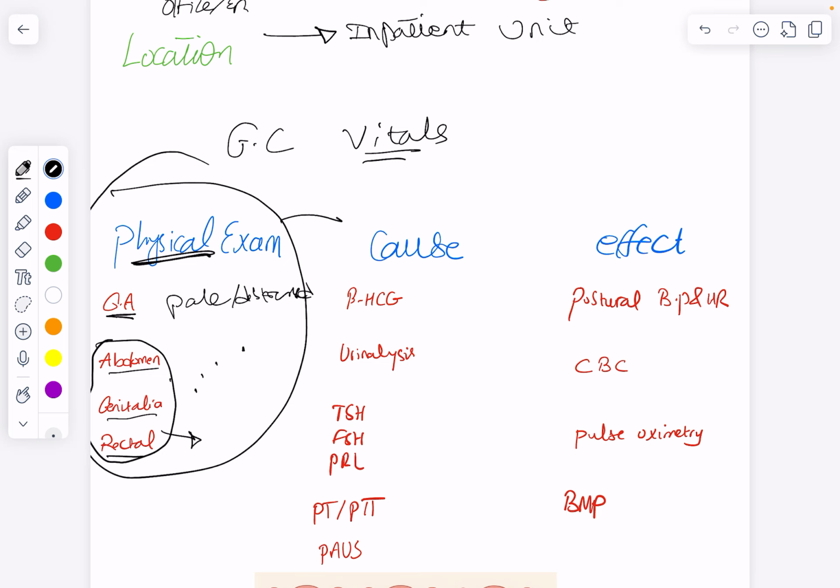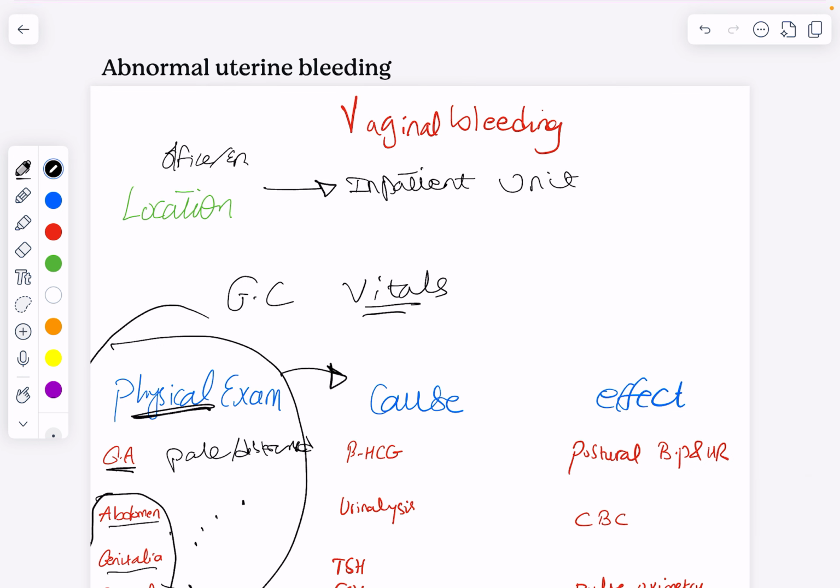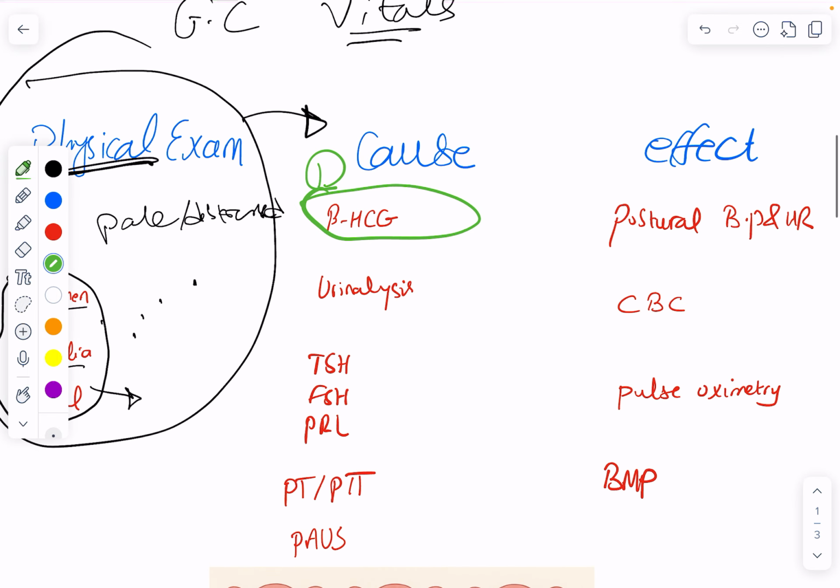Now, moving on to the diagnostics. The number one thing you need to do in a woman of childbearing age is a pregnancy test. So this should be on top of your list, a beta HCG. A urinalysis, in case this is actually hematuria and not vaginal bleeding, the patient wouldn't know probably.